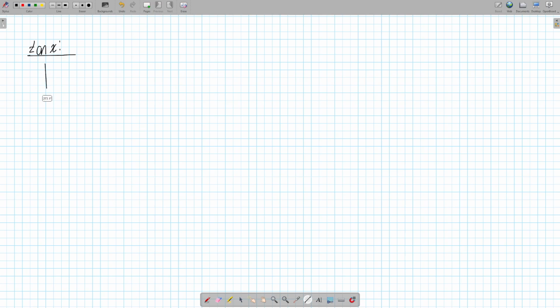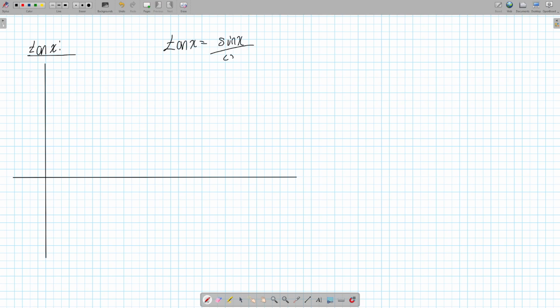Okay, you need to remember tan is equal to sine over cosine. For that reason, you guys know tan x is equal to sine x over cosine x, right? So I'm not going to make you memorize points for tan x, other than you need to know that at every odd multiple, there's an asymptote.